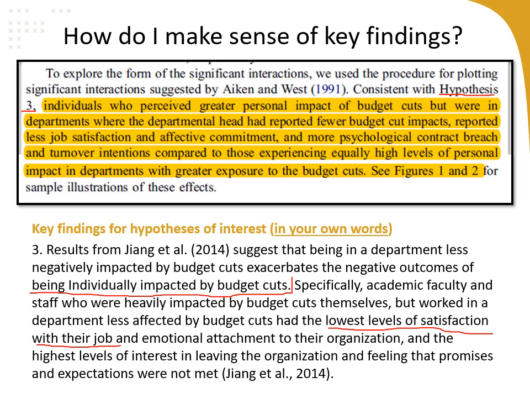Instead of saying affective commitment, emotional attachment to their organization, which you would know that that's what it is from the method. Highest levels of interest in leaving the organization, right? Instead of saying turnover intentions. And instead of saying psychological contract breach, right? Feeling that promises and expectations were not met. And yet again, cite all the time.